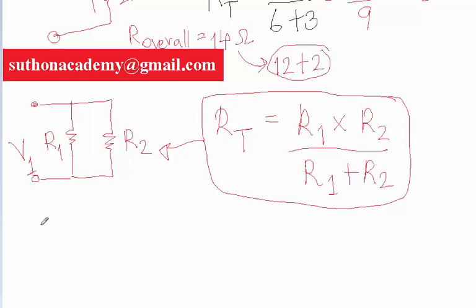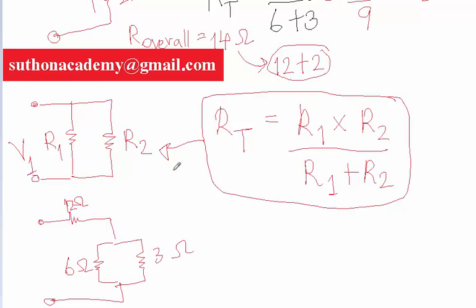Okay, so for example, if I have 12 ohm and 6 ohm and 3 ohm all together to here, this is a 6 ohm, this is a 3 ohm. So I want to find the total resistance in this circuit.